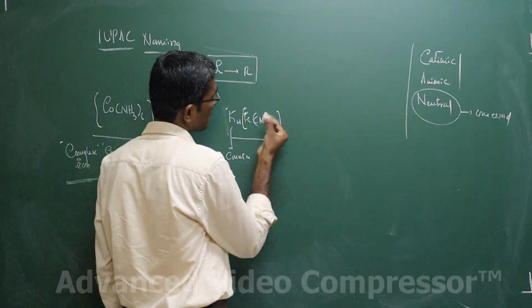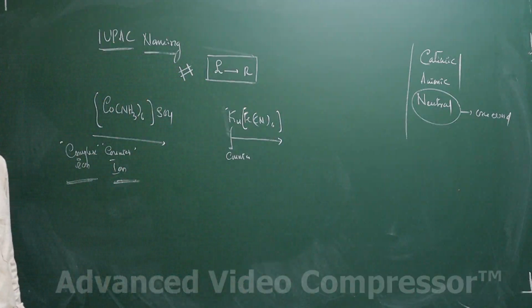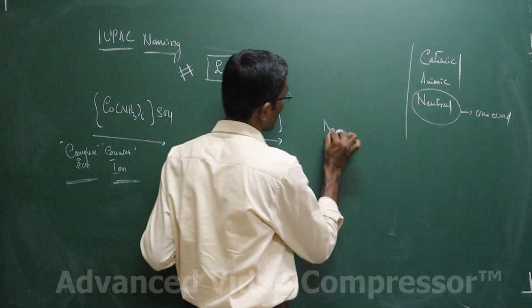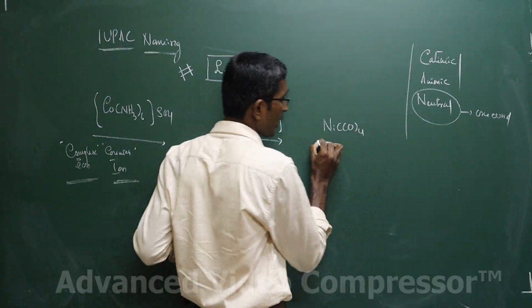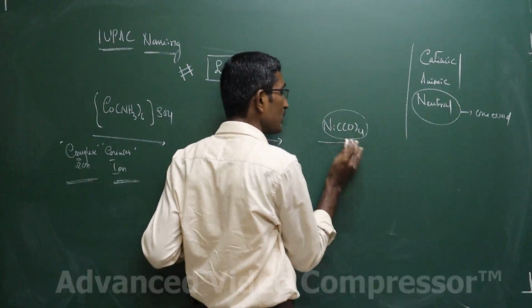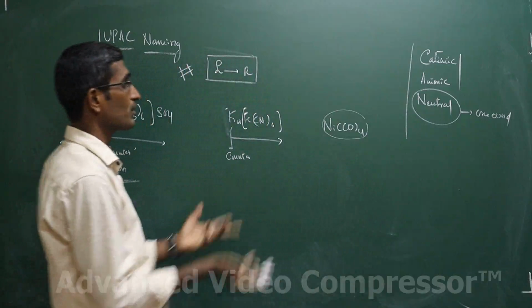Afterwards you go for naming the complex ion. Very clear? Even if you consider nickel tetracarbonyl, for example, a neutral complex we had gone through, you start from left to right. There is only one system, that is, you have a naming only for this. You don't have to consider the counter ion, as no counter ion is there.